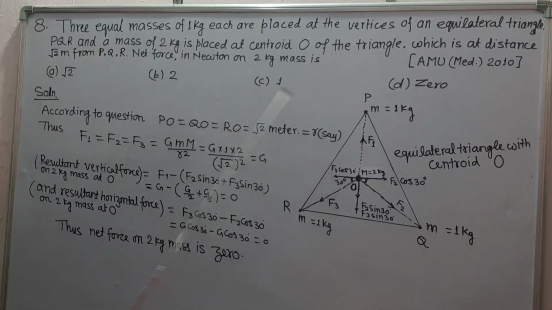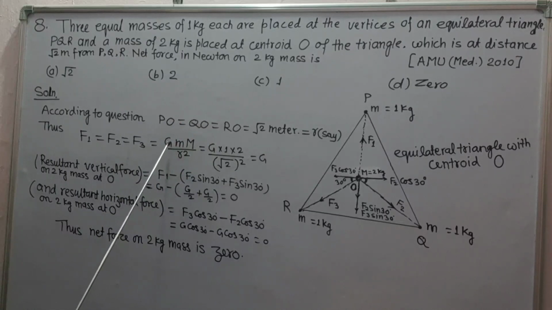Now clearly the magnitude of all these 3 gravitational forces F1, F2 and F3 will be the same, equal to G small m capital M upon R square.